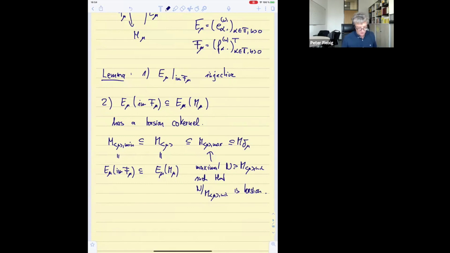So there's a maximal such module, and this E_μ lies in between these two extremes.